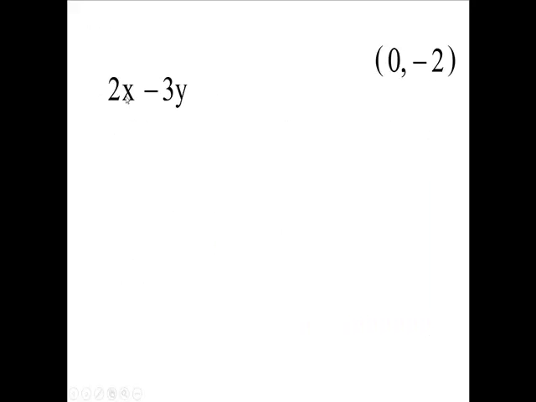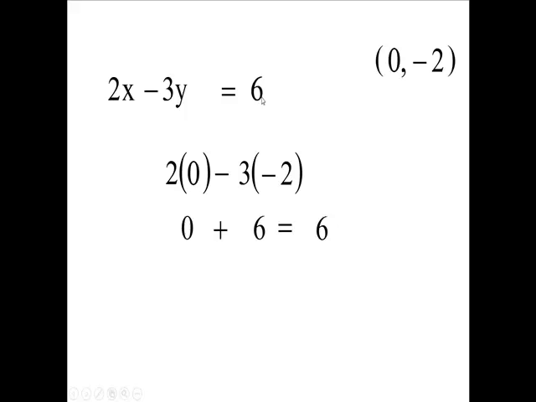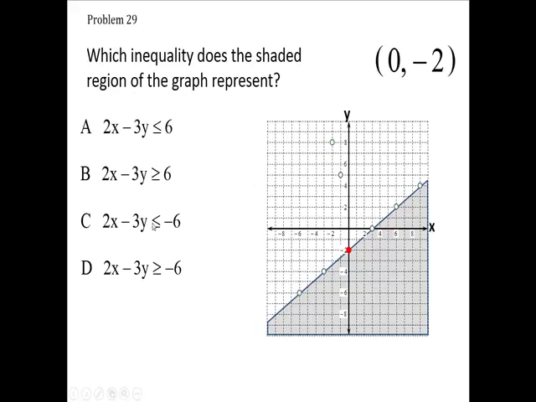In place of x, we plug in the 0, minus 3 times a minus 2. That's 0, and this is plus 6. So we want the answer that involves a 6, not these two. These have a minus 6. So now we're dealing with answer A or B.